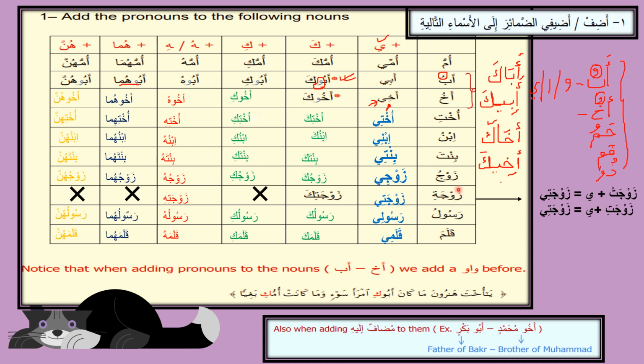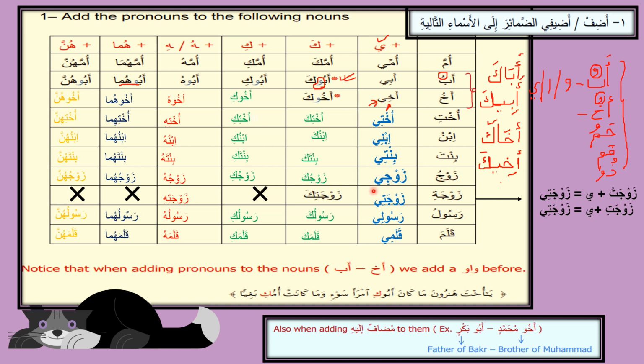Now, zawju. Now you have to keep in mind, zawj means couple also, and zawj means either your wife or husband. So here it is without a ta marbuta. Remember, so this is for the husband. Zawju, it's in marfu case.